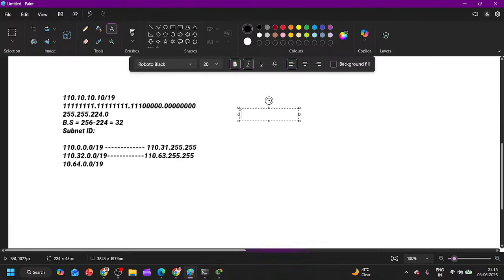If I ask you, tell me the subnet ID of 10.60.50.90/19, what is the network ID or subnet ID? You can say 10.32.0.0/19. Yes or no? Because this particular IP address belongs to this range, see? In the second octet, 32 to 63 belongs to the second subnet. So this IP address belongs to the second subnet, and this IP address belongs to the first subnet.